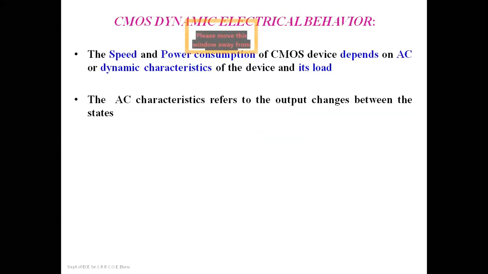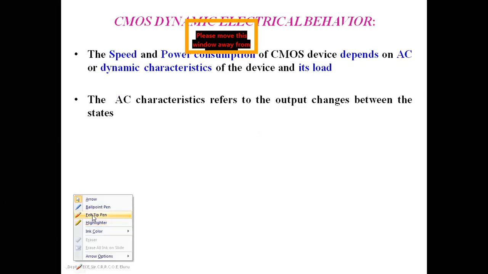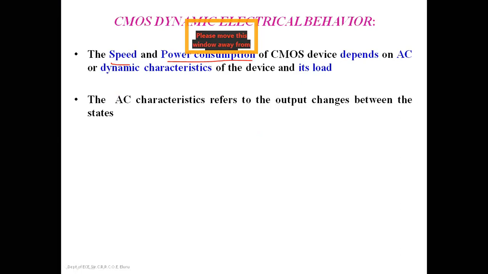Then we will see what are the characteristics of the CMOS dynamic electrical behavior. Here, the speed and the power consumption are the dynamic characteristics of the CMOS device.